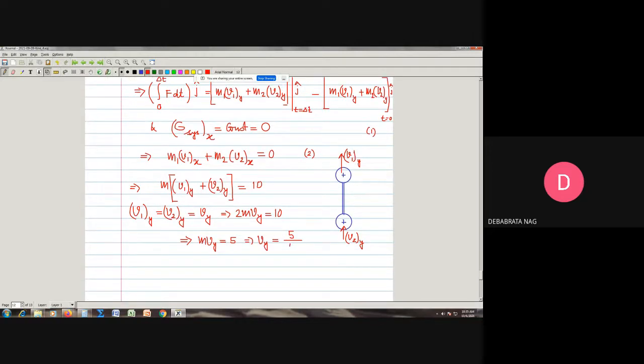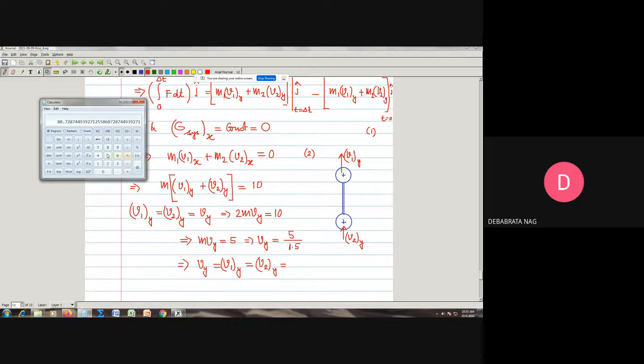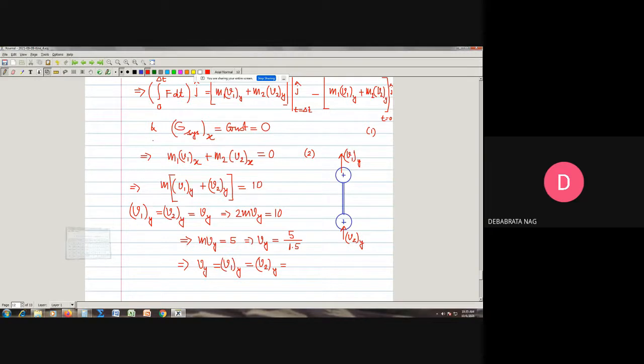So we divide 5 by 1.5, and the common velocity, that means v1y as well as v2y, is equal to 5 divided by 1.5. So this is 3.33 meters per second. That is the y component of the velocities in this direction.